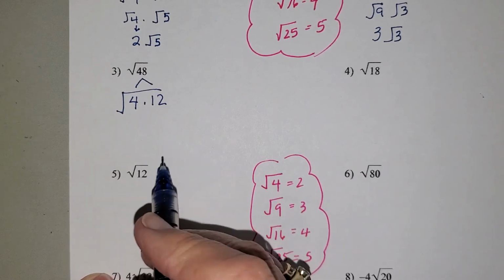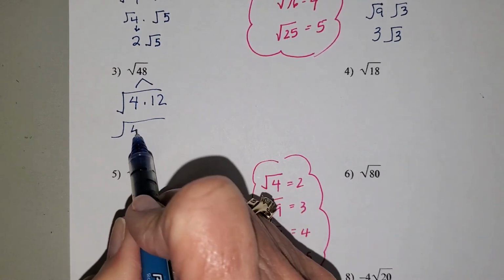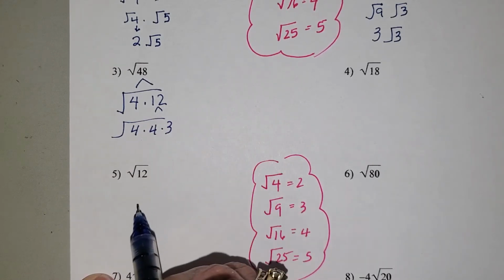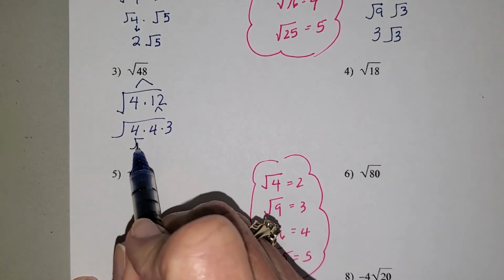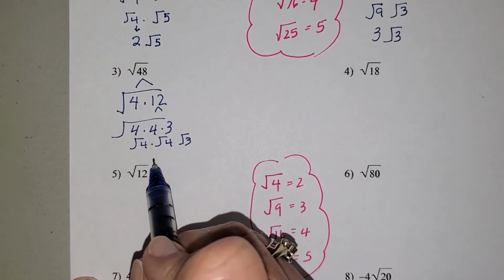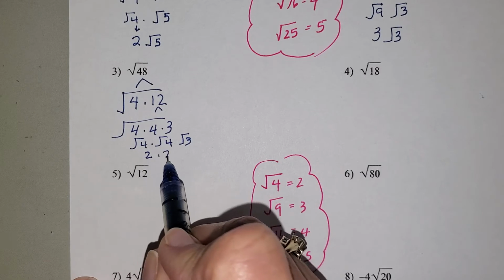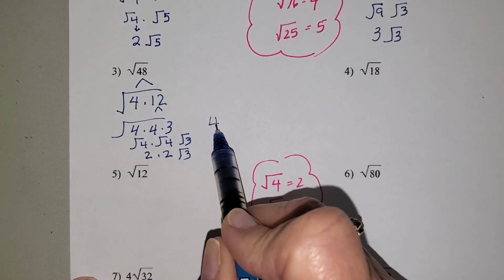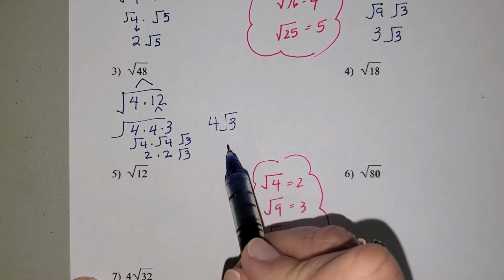Yes, 4 is a factor of 12, so this becomes 4, and this is 4 times 3. So we have the square root of 4, the square root of 4, the square root of 3, which is 2 times 2, radical 3, so we get 4 radical 3.